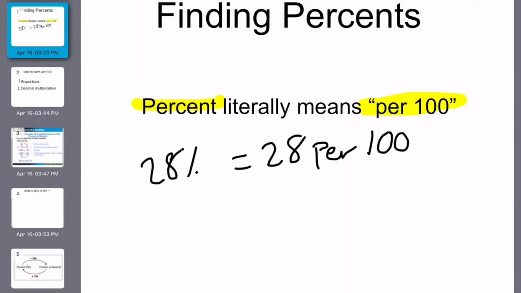That miles per hour or something per 100 is actually a rate. And remember, I can write rates as fractions. So I can take 28% or 28 per 100 and make it 28 over 100. Okay? That was just really important for us to remember as we move on.